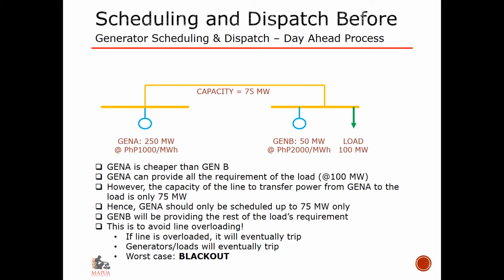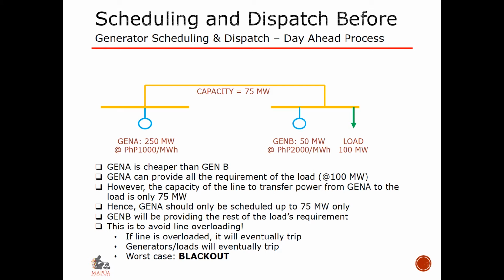But the load's requirement is still 100, so we have to meet the requirement for the load of 100. So Gen B now has to be scheduled at 25. So Gen A is 75, Gen B is 25, to avoid line overloading.